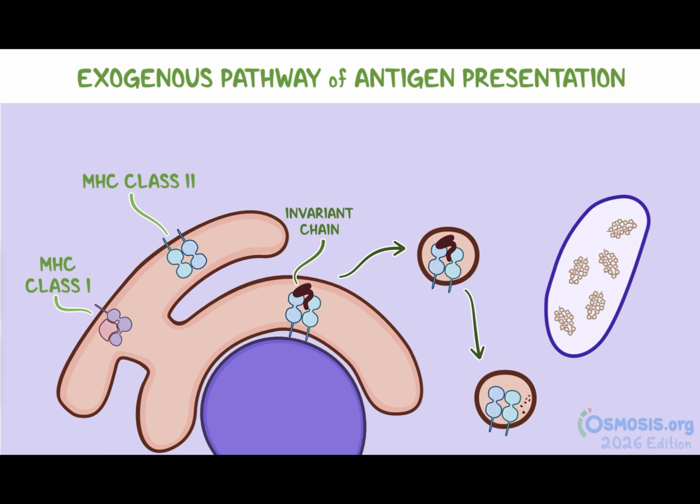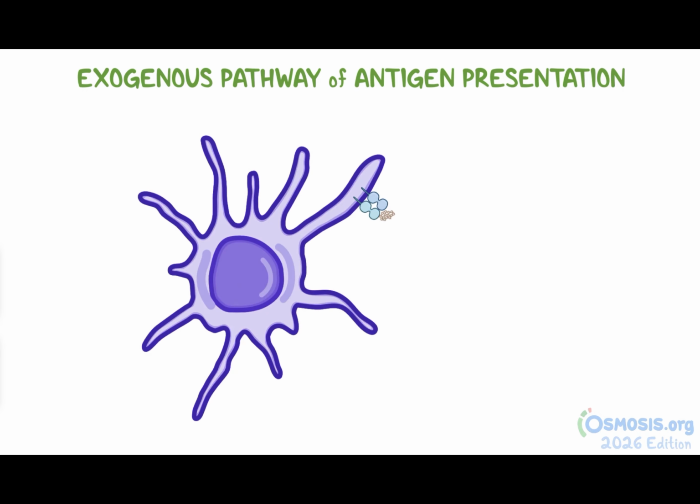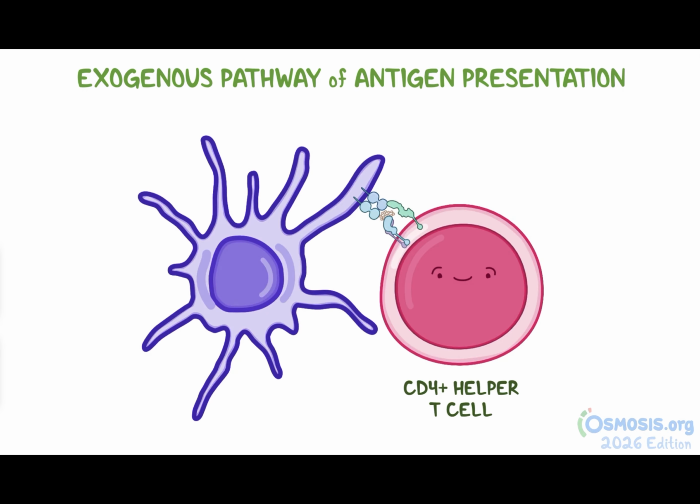The vesicle with the MHC class II molecule then fuses with the phagolysosome, and the peptide cleft is filled by one of the peptides in the phagolysosome. This vesicle now contains the MHC class II molecule bound to the peptide antigen, and it's transported to the cell surface, where it can present to circulating helper T cells, which can go on to stimulate the immune response.